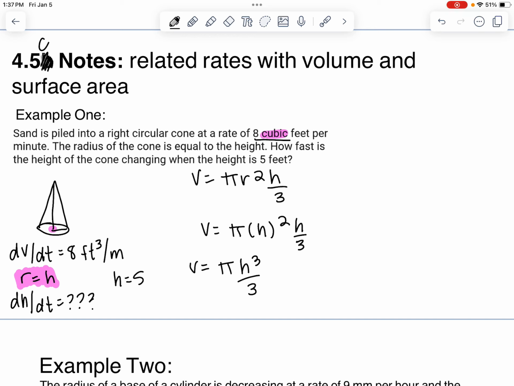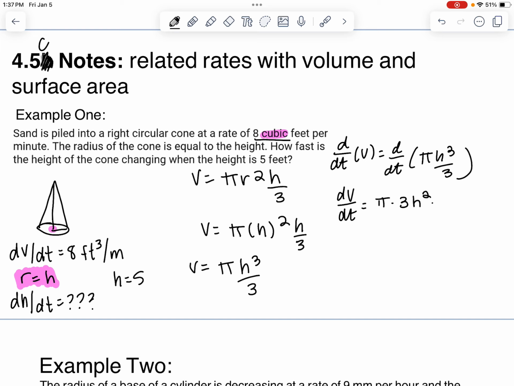And now I'm going to take the derivative of both sides because I need the formula with the rates. Over here I get dV/dt. This will be pi, because that's the constant, times 3h squared, and because we're taking it with respect to t, it'll be dh/dt, and then all over that 3.